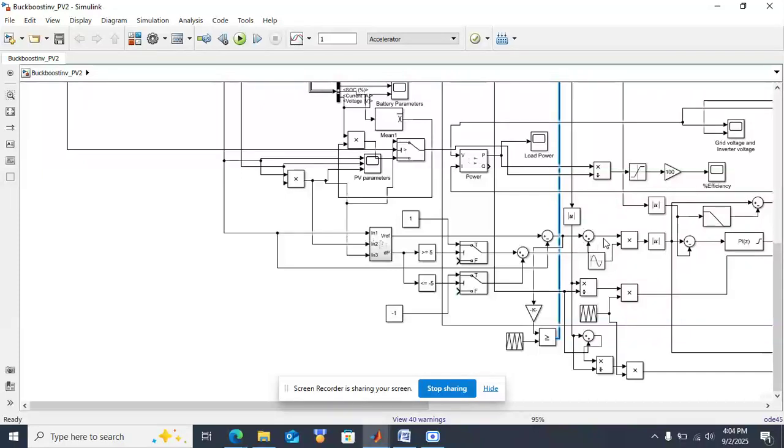After that the difference is added with the control signal, and it is multiplied with the reference sinusoidal waveform. From that we will get a sinusoidal current, that is the inverter current, and that inverter current is compared here, and the error is given to the PI controller.